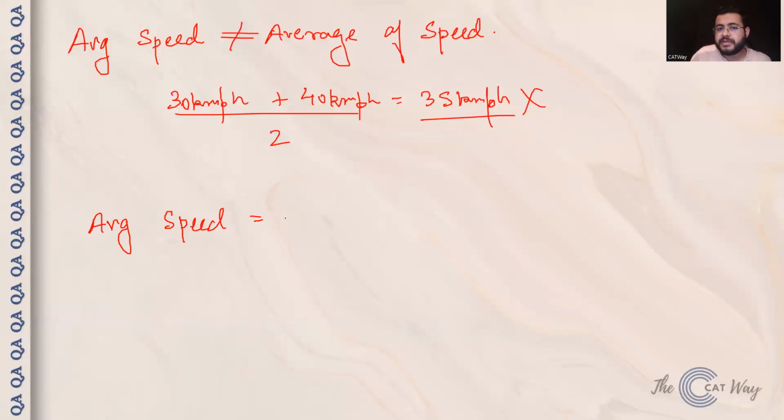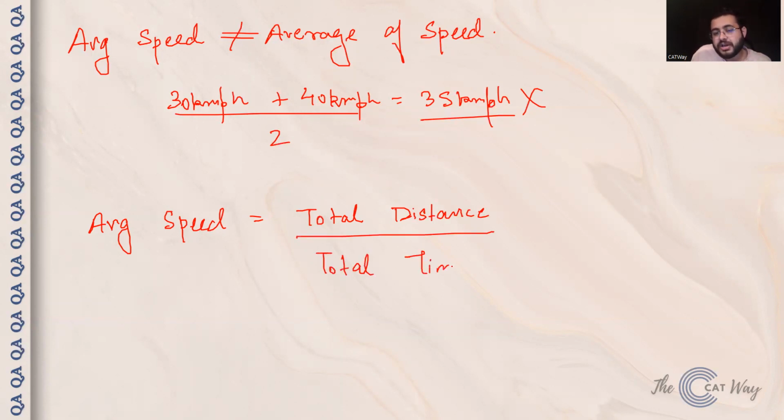So the effective formula is: what is the total distance that I have traveled, and what is the total time taken to cover that distance. Using this formula, you will get your average speed value.